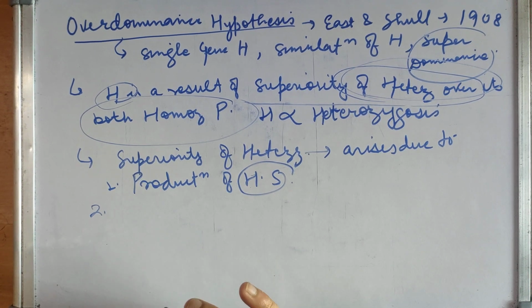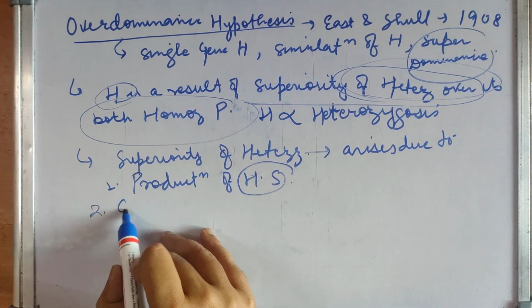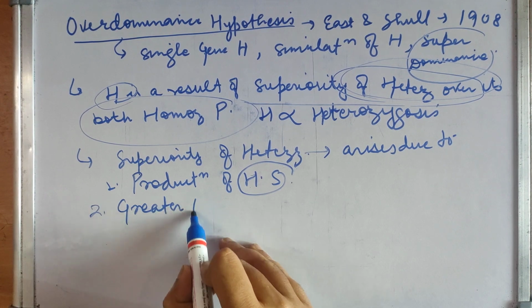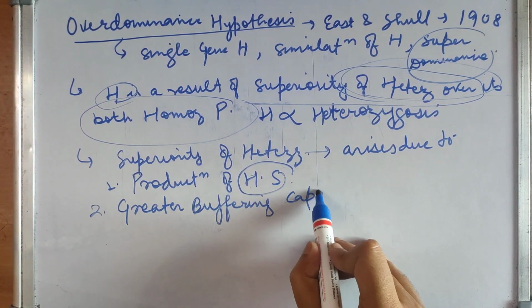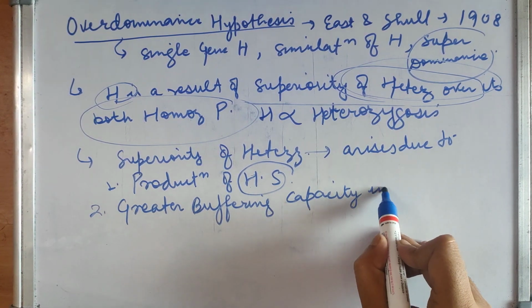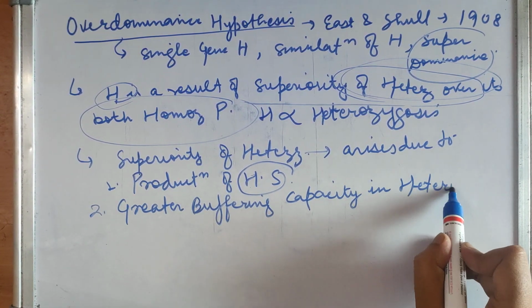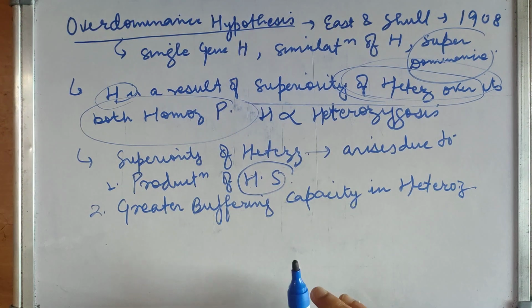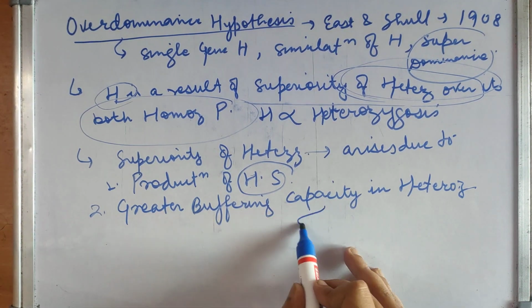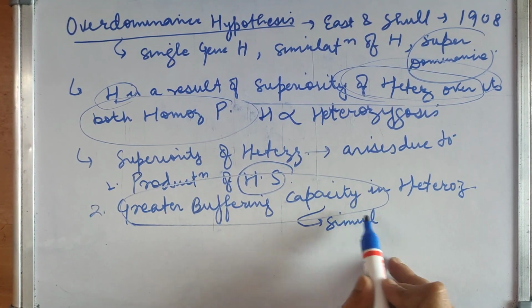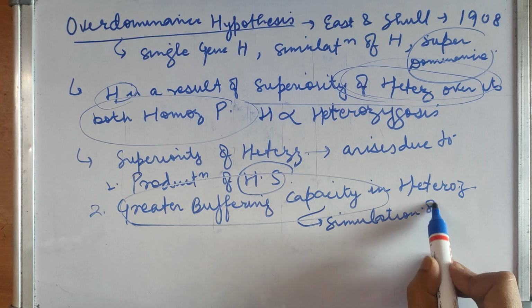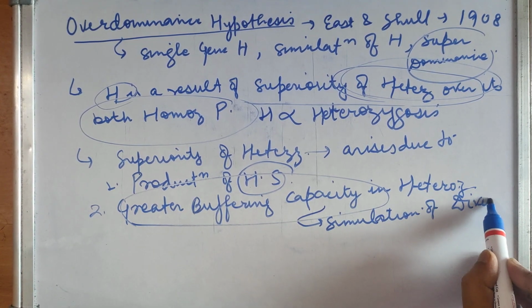Secondly, greater buffering capacity in the heterozygote, resulting from the cumulative action or simulation of divergent alleles.